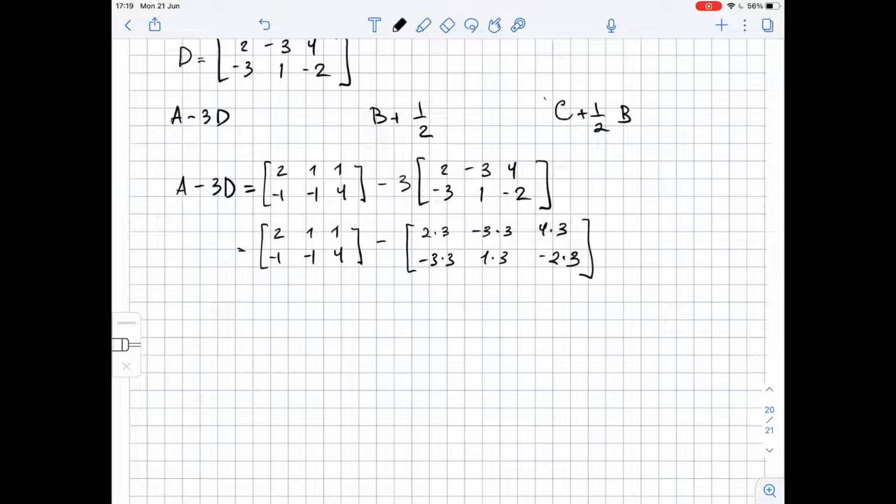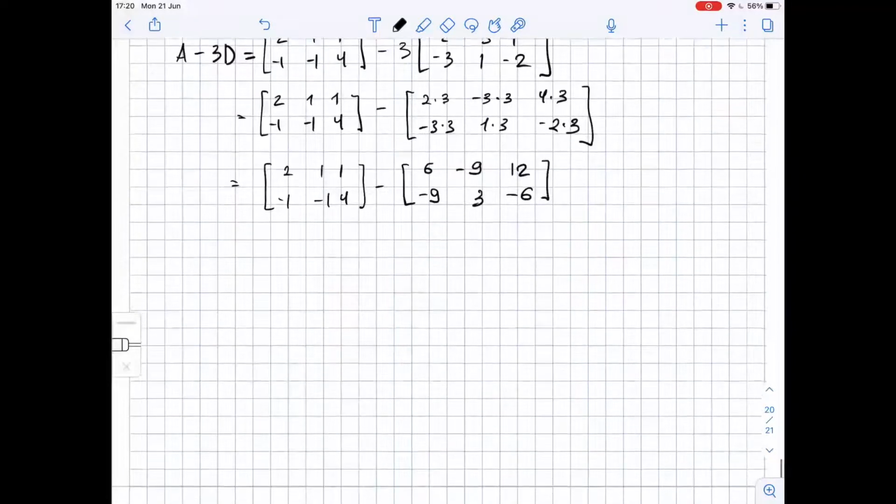Well, now let's do the calculations. This equals 2, 1, 1, negative 1, negative 1, 4, minus 6, negative 9, 12, negative 9, 3, negative 6. Well, now we need to do the subtraction.